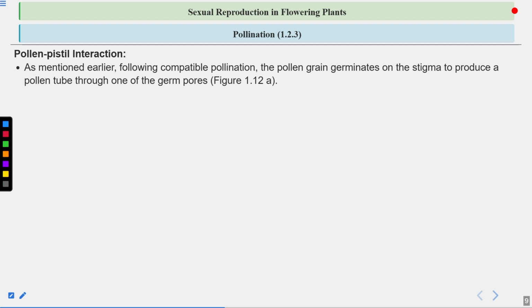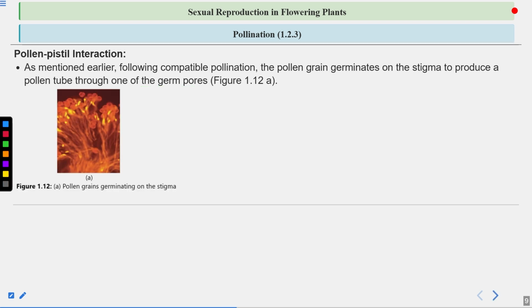So as mentioned earlier, following compatible pollination, the pollen grain germinates on the stigma to produce a pollen tube through one of the germ pores. Here you can see there are so many pollen grains germinating on the stigma.